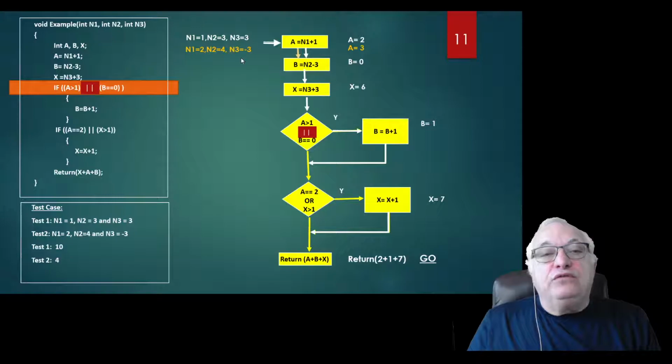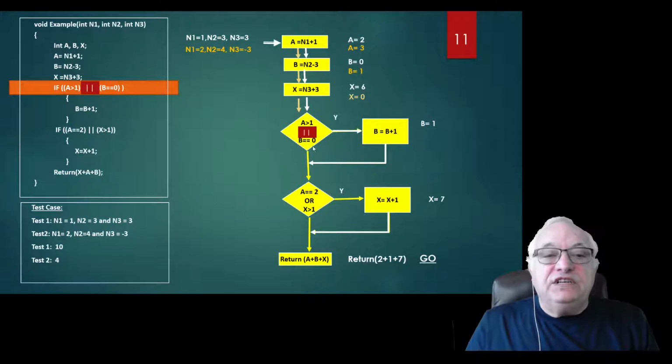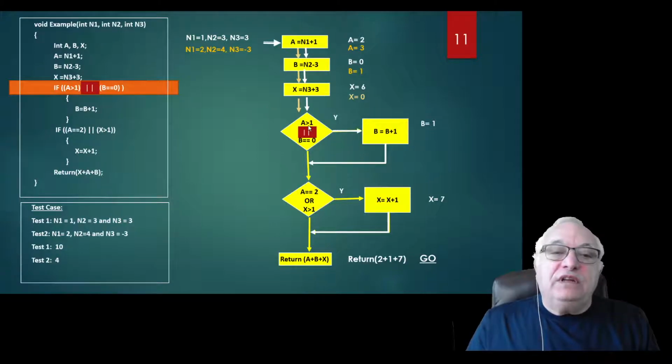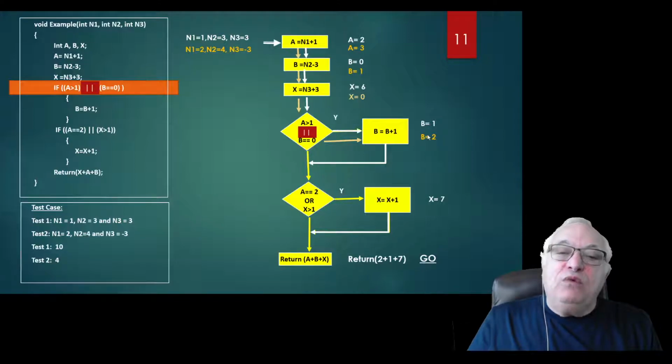So a equal to 3, then we drop down, then we have b equal to 1 as before, and then x equal to 0. So now when we get to the first decision, we say is a greater than 1, that's true. And as this becomes true, and this is an OR, then we get through, and we end up with b equal to 2.